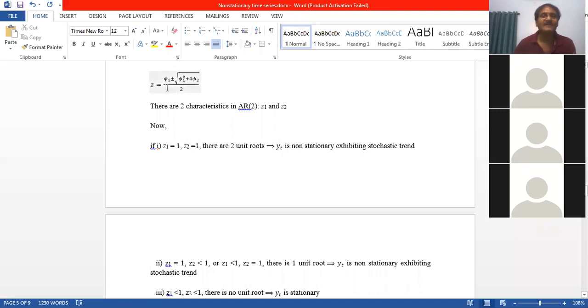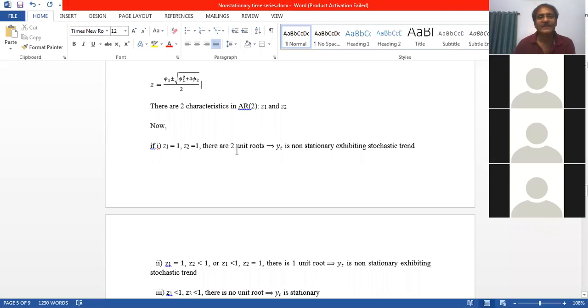Suppose that by solving it, you get both the values equal to 1. z1 is equal to 1, z2 is equal to 1. So there are two unit roots. That is, when both the roots are equal to 1, we can say Yt in AR2 contains two unit roots.